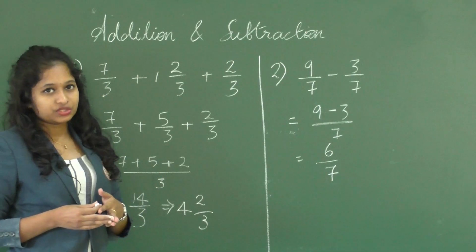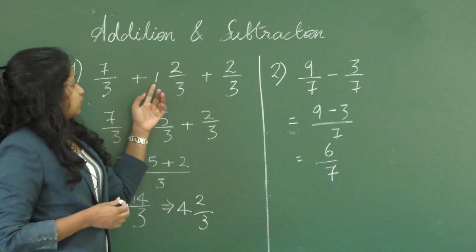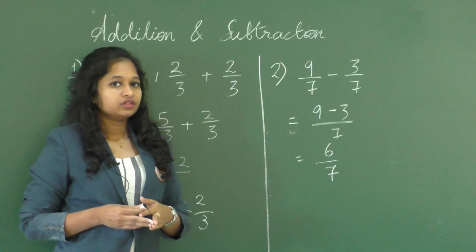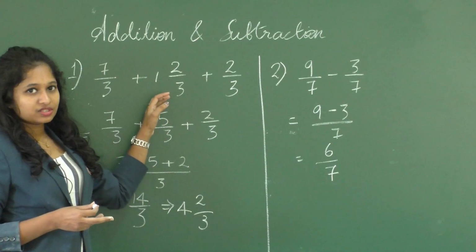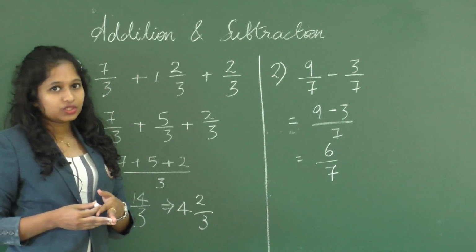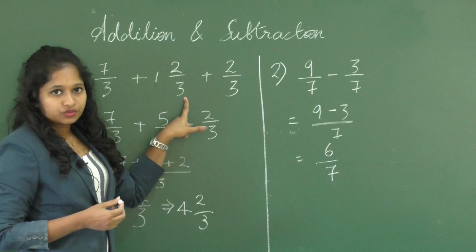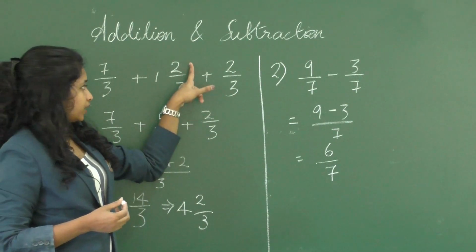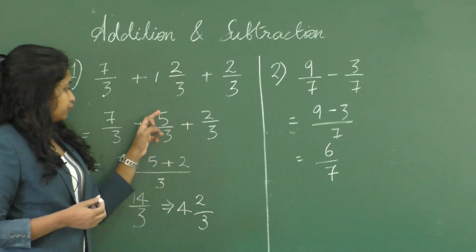Here I have a question. 7 by 3 plus 1 2 by 3 plus 2 by 3. Here one fraction is in mixed form, so let us convert it. 1 into 3 plus 2. 1 into 3 is 3, 3 plus 2 is 5. So this mixed fraction we can convert as 5 by 3.